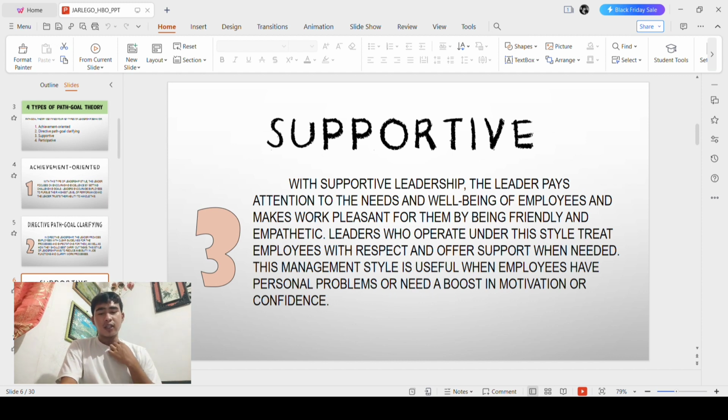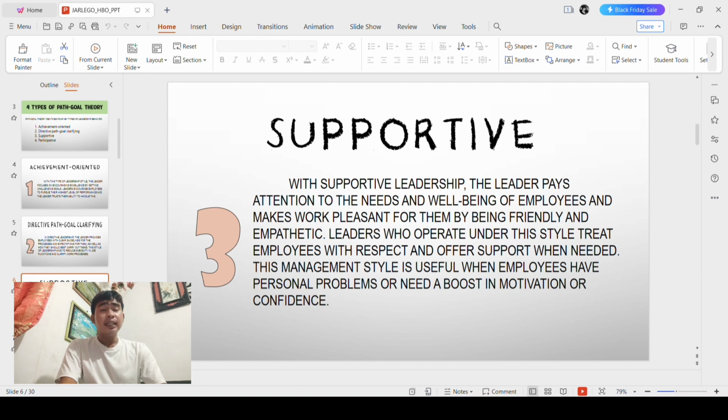So another strategy is adopting a supportive leadership style. Leaders can offer encouragement, show empathy, and create a positive work environment. This approach can increase employee satisfaction and motivation by addressing their individual needs and fostering a sense of camaraderie.